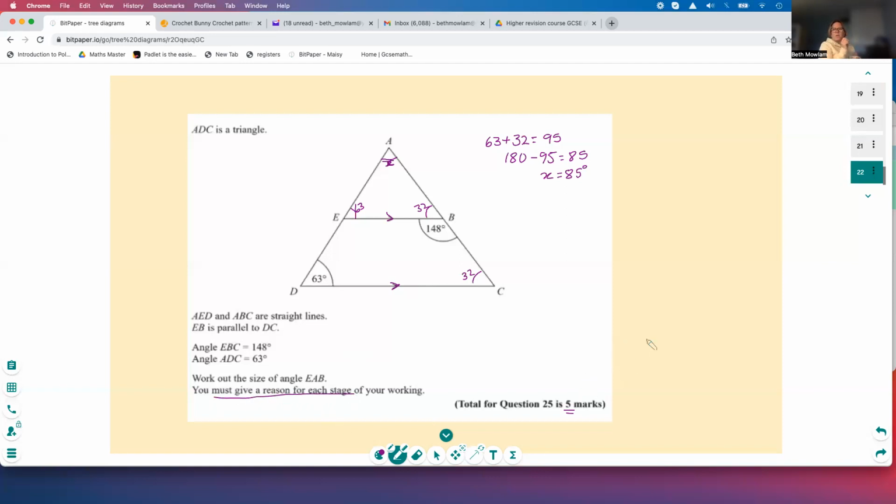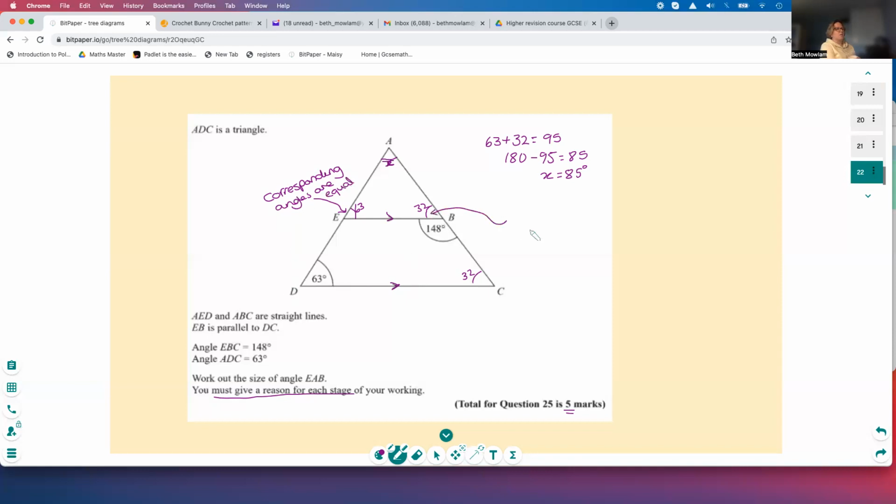So when it says you must give a reason, it means you must give an angle rule that you've used. So what you could do is, as you write one down, you could label your diagram. Well, I know that that's 63 because I knew that corresponding angles are equal. So all it's asking you to do is write down how you knew that that angle was that.